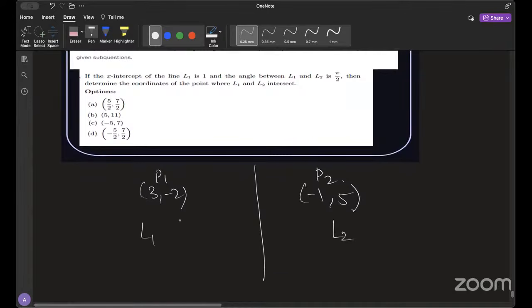For L1, the x-intercept is given to be 1. For L2, the information given is that it makes an angle pi by 2, which means L2 is perpendicular to L1. That's enough, right?